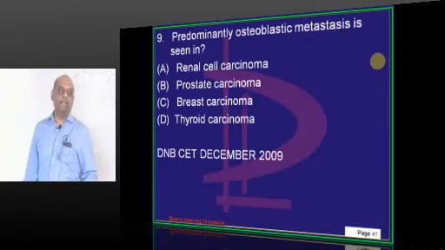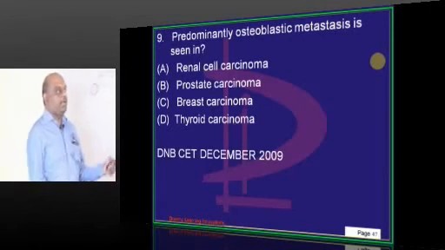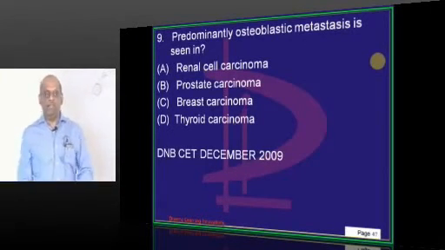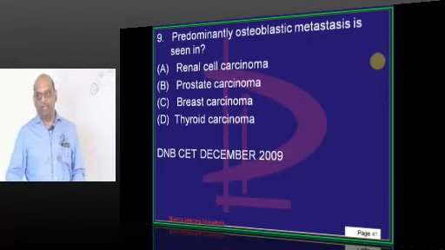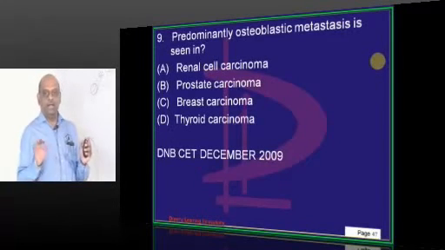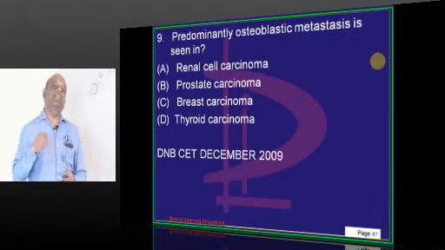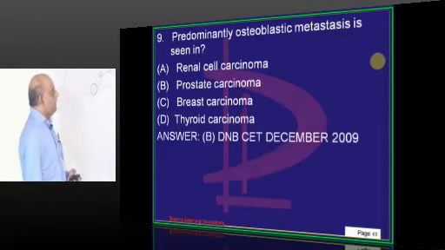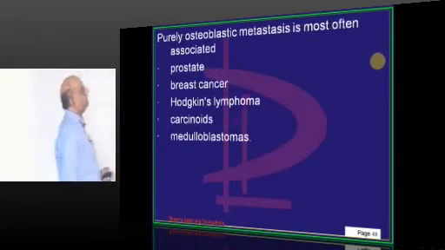One more list is coming up quickly. What are osteoblastic, what are osteolytic, what are mixed? Don't remember mixed, it's a waste of time. You remember osteoblastic and assume everything else is osteolytic or mixed. Right? So what are osteoblastic?